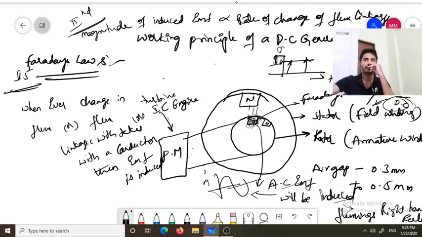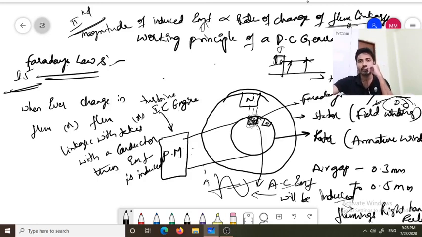When the rate of change of flux linkage is greater, the induced EMF value will also be high. From this statement we can say the magnitude of induced EMF is directly proportional to the rate of change of flux linkages. That means the EMF value depends upon the flux linkage with a conductor.